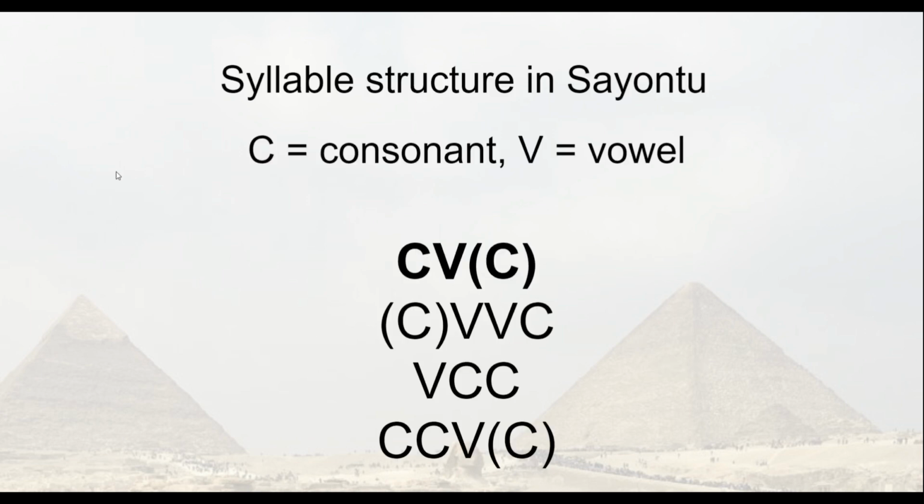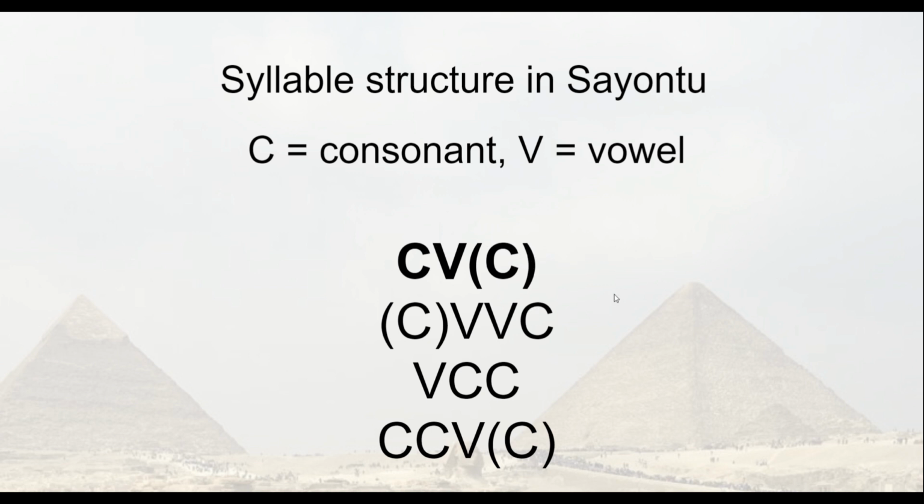So a quick note on syllable structure in Sayontu. Here the C stands for consonant, V stands for vowel, and the brackets indicate that these consonants don't always occur there, but they often do.